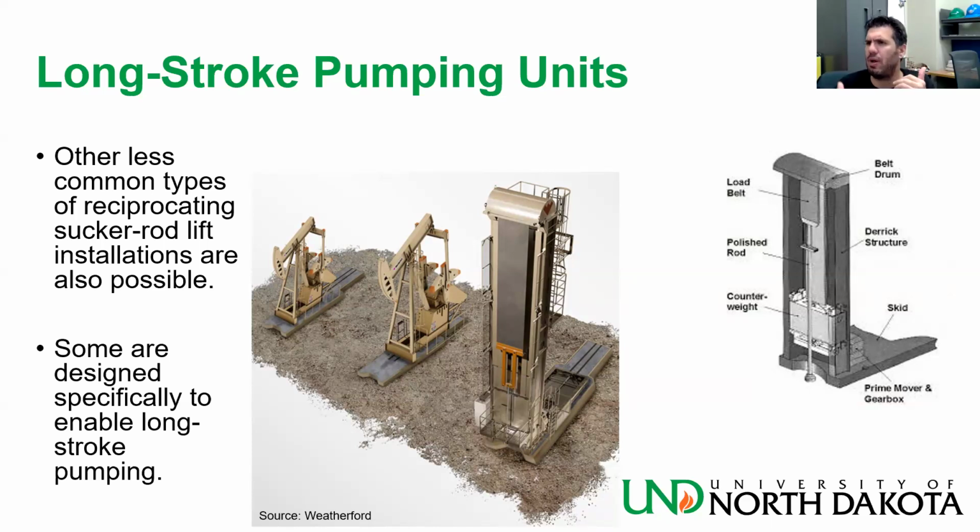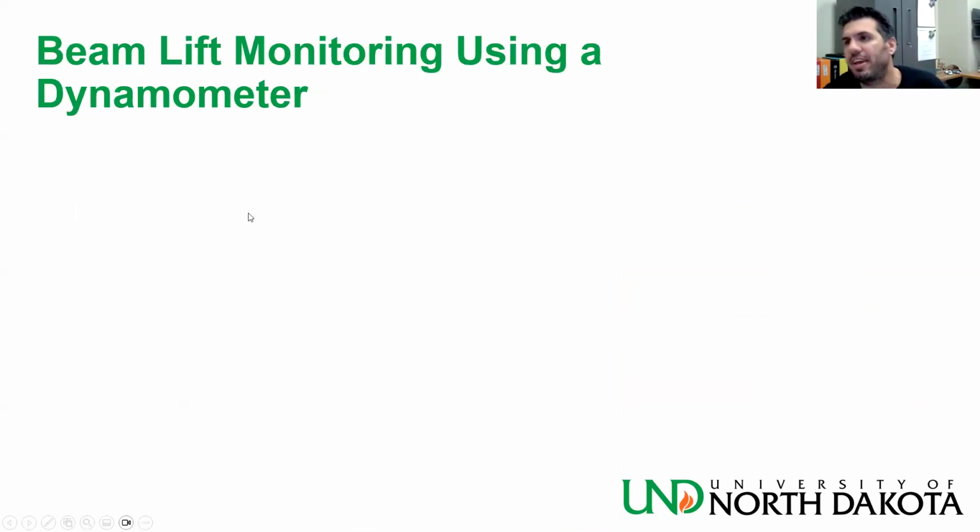It's sort of like the thing that you do at the gym. You have the counterweight, and then it moves up and down accordingly. In this case, you are moving it with the gearbox and the prime mover, and basically it works the same way as the pump jack, especially when it comes to downhole. It has some better capabilities, so longer stroke capabilities. It's for a well that is capable of producing a lot.